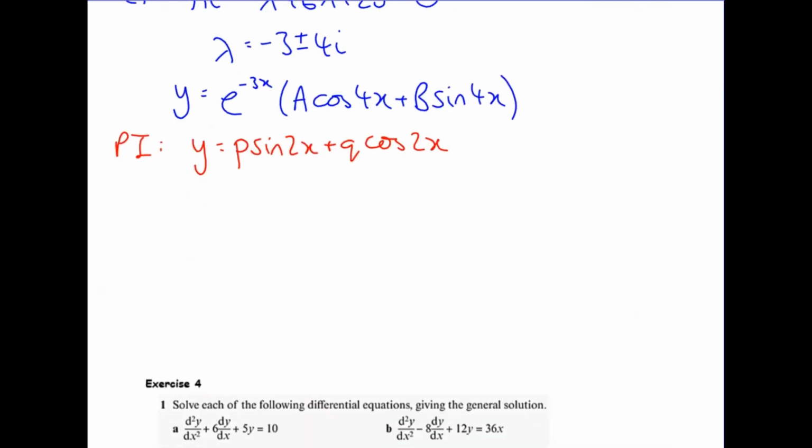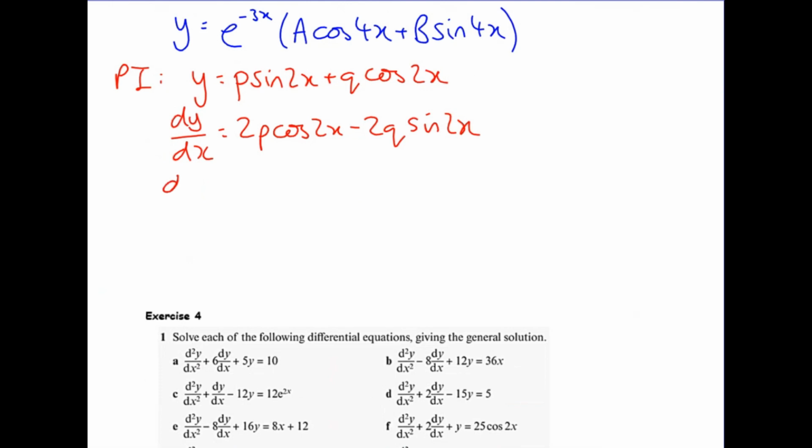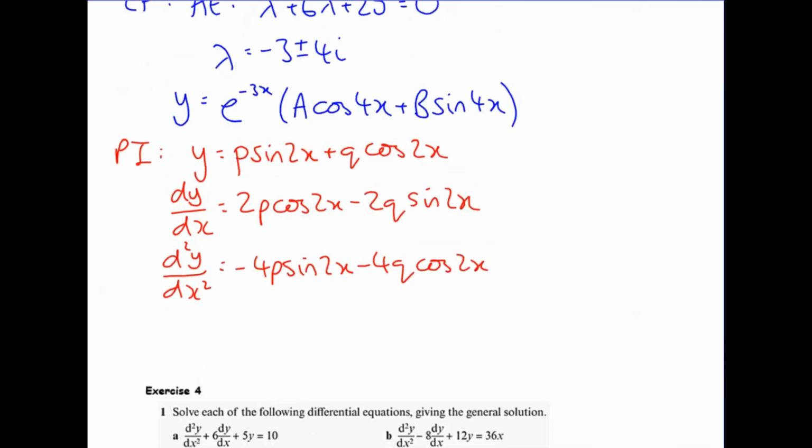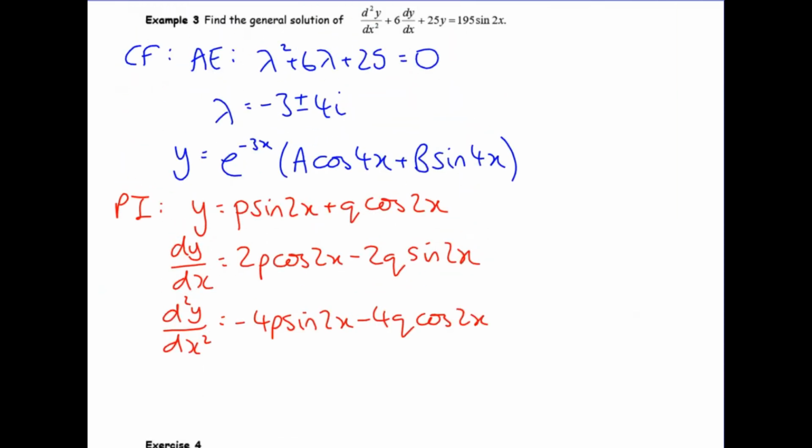Let's differentiate this twice. 2p cos 2x minus 2q sine 2x, and we're going to differentiate this again. You get minus 4p sine 2x minus 4q cos 2x. Now that I've differentiated this twice, substitute it into your original differential equation.